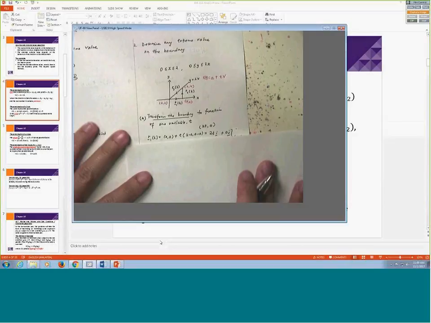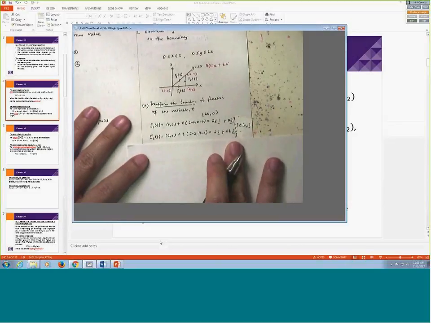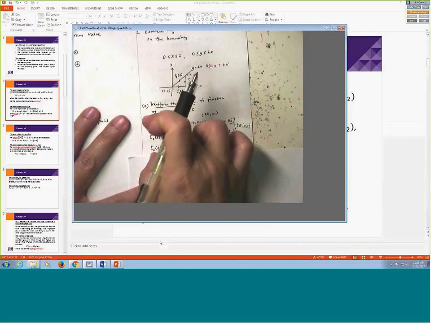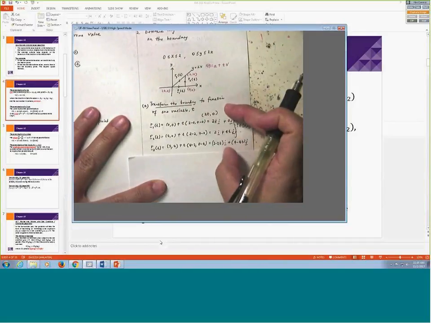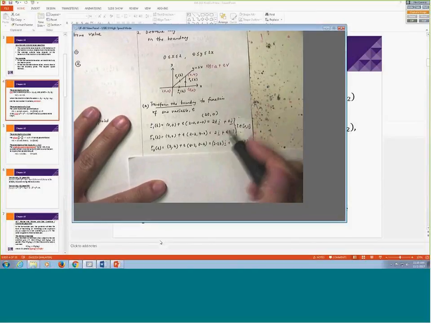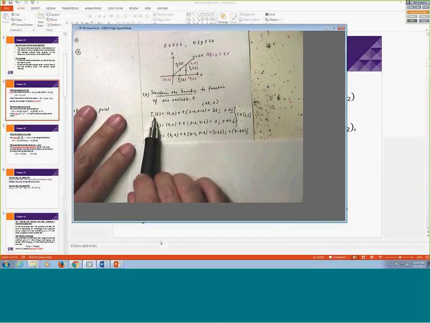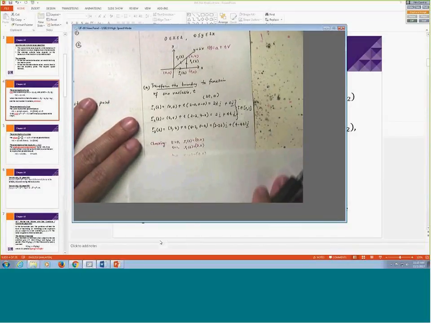Then repeat for the second line, R2, and R3. All of these we transform into the parameter t, where t is 0 to 1. You may check whether the transformation is correct by substituting the values.